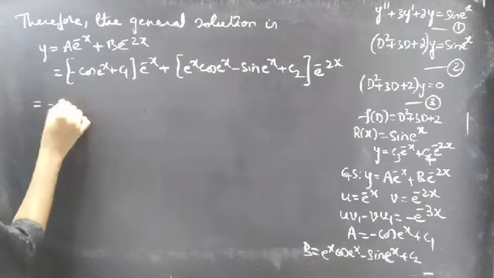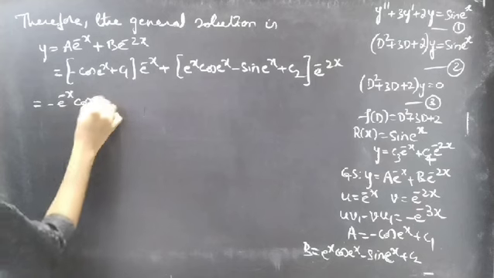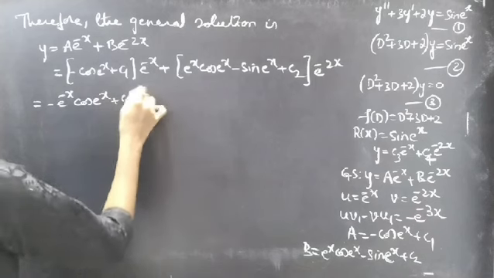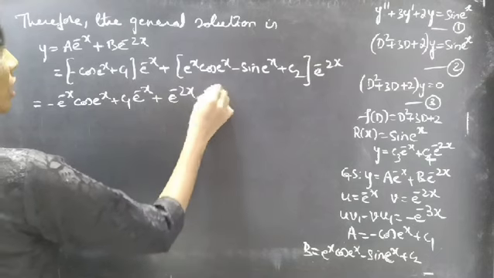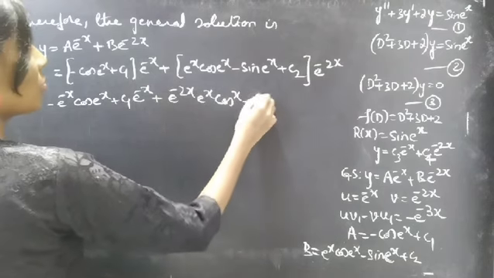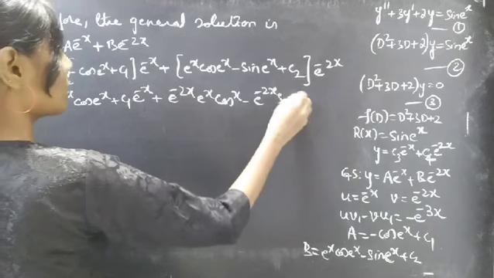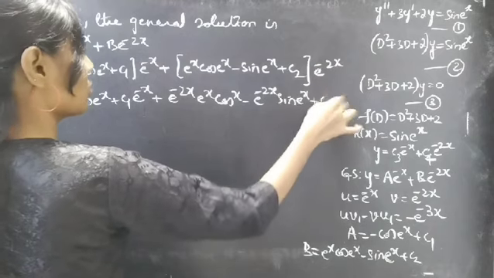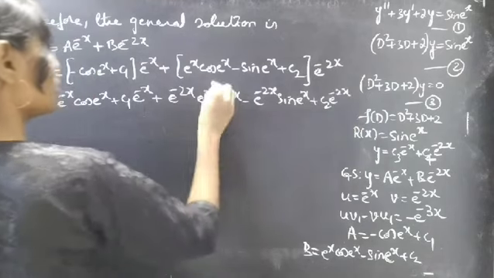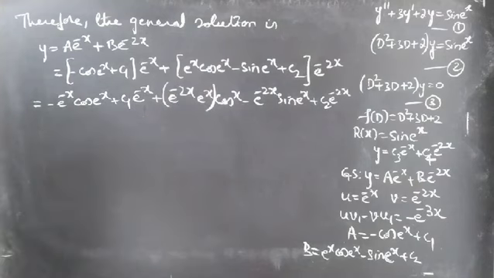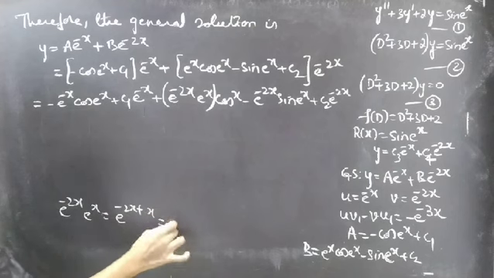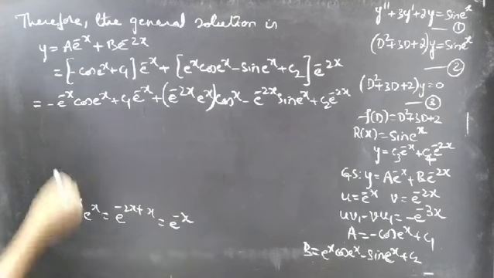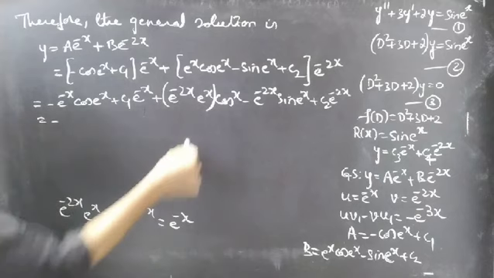This gives us minus e power minus x cos e power x plus c1 e power minus x plus e power minus 2x e power x cos e power x minus e power minus 2x sine e power x plus c2 e power minus 2x. Here we are having e power minus 2x into e power x, right? We can write this as e power minus 2x plus x, which gives us e power minus x. Now just replace this with e power minus x.